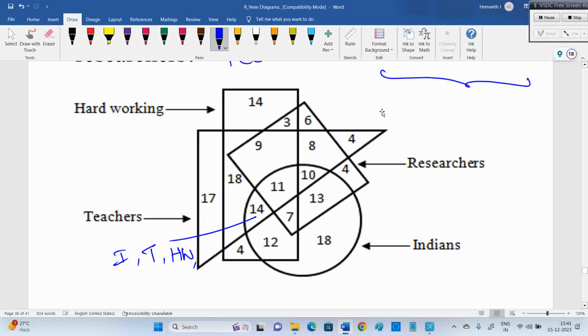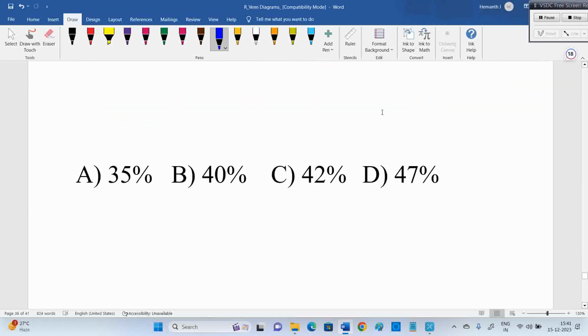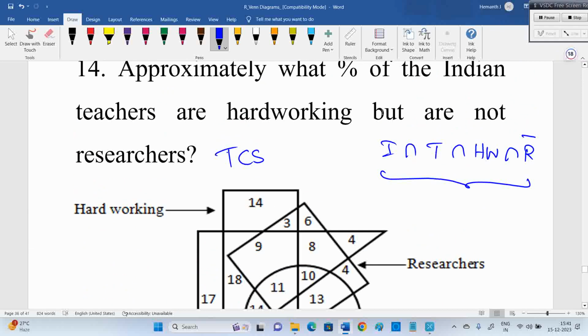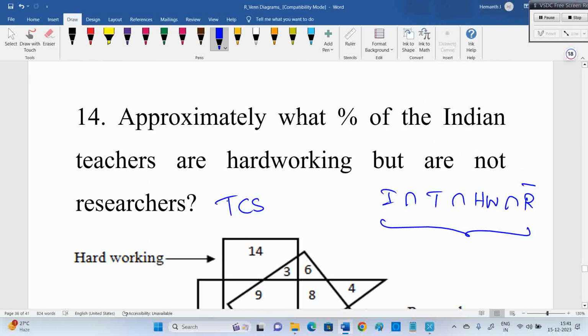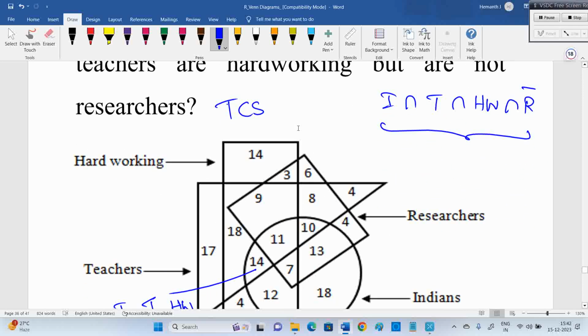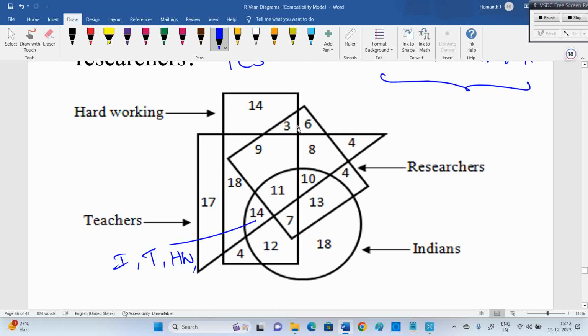They're asking approximately what percent of Indian teachers are hardworking but are not researchers. First, you have to calculate how many Indian teachers are hardworking but not researchers. Percentage you need to calculate here. So Indian teachers who are hardworking but not researchers are nothing but 14.